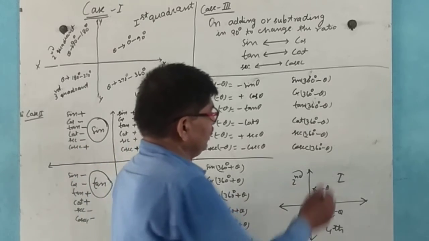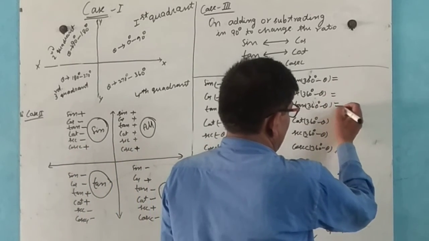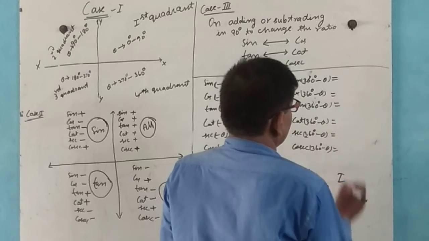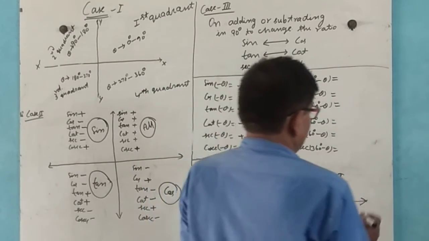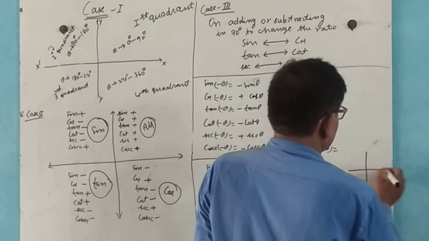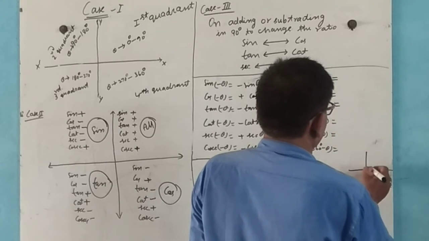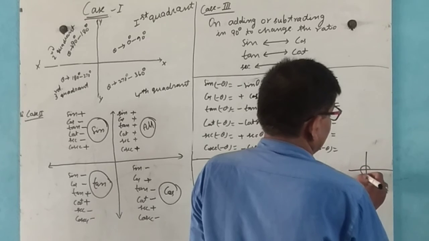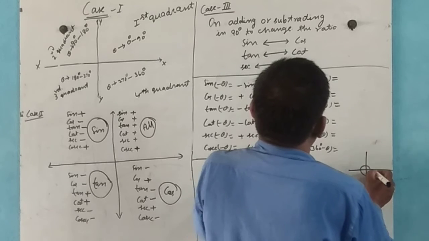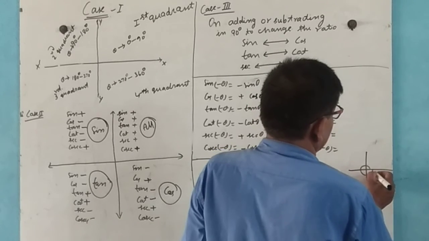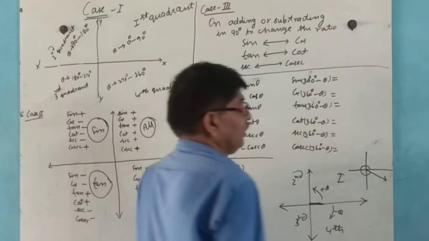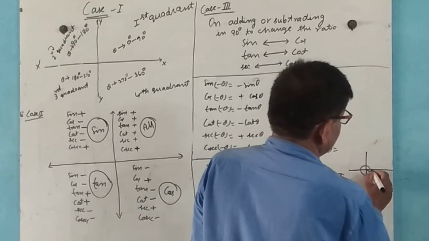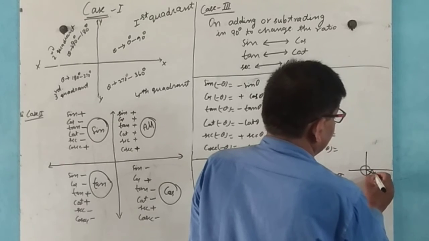In a similar sense, in this case we move from 360 degree. We move just like here, 90 degree, 270 degree, 360 degree, and minus means we return back here.